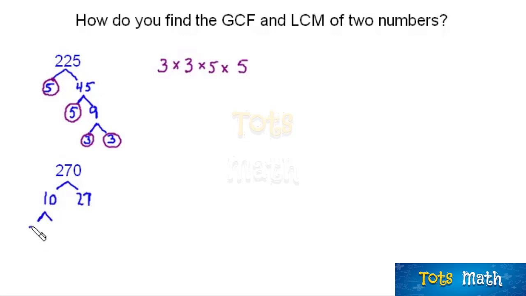10 is the product of 2 multiplied by 5. Both 2 and 5 are prime numbers, so I've finished this branch of the tree. 27 is the product of 3 and 9. 3 is prime, but 9 can be factored further, and 9 is 3 times 3.